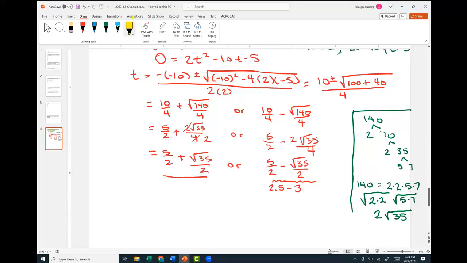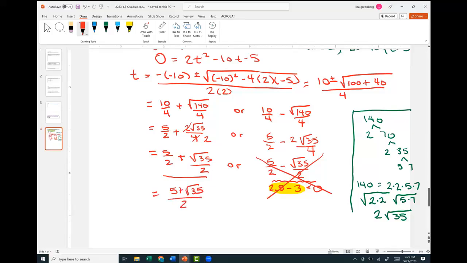Notice this is going to give me a negative number. Since it's going to give me a negative number, and we never talk about time as a negative value, we really don't have to worry about this, because we're only talking about into the future, right? We're not talking about the past. So I can just rewrite this as 5 plus the square root of 35 divided by 2.